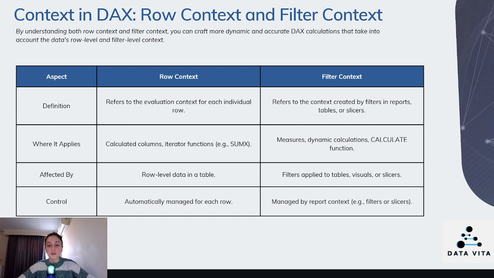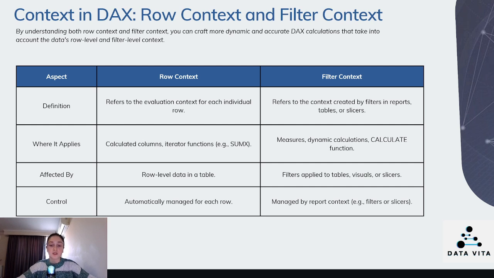Understanding both row context and filter context is critical for creating accurate and dynamic DAX calculations. The row context operates at each individual row, while the filter context aggregates data based on the user-defined filters. This helps ensure that your calculation adjusts correctly when interacting with data in Power BI.